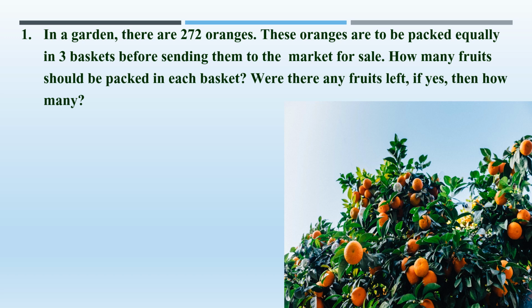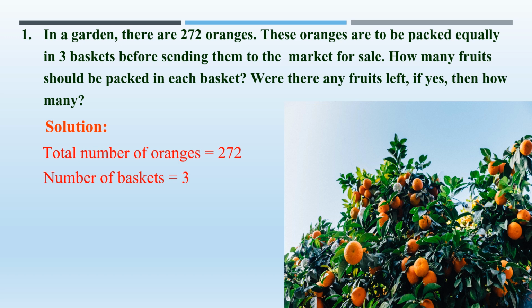So we know that in a garden there are 272 oranges. So let us write the solution. First, total number of oranges is equal to 272. Now, how many baskets do we need to fill with these oranges? 3. So the number of baskets is equal to 3.